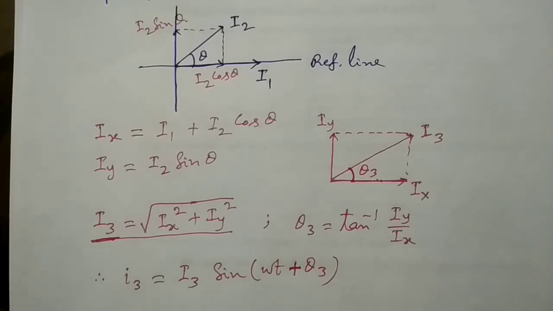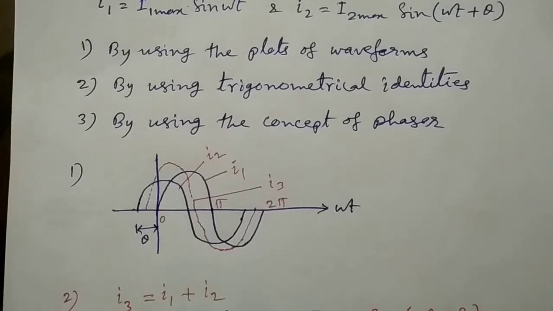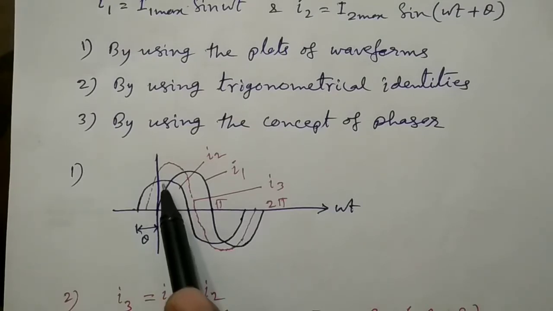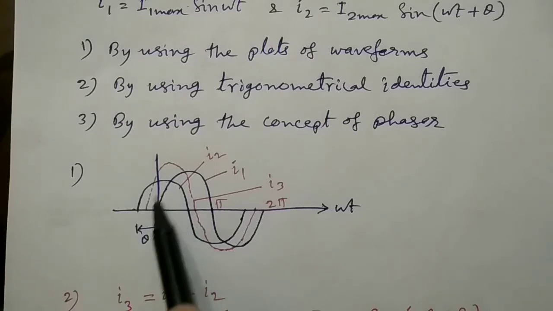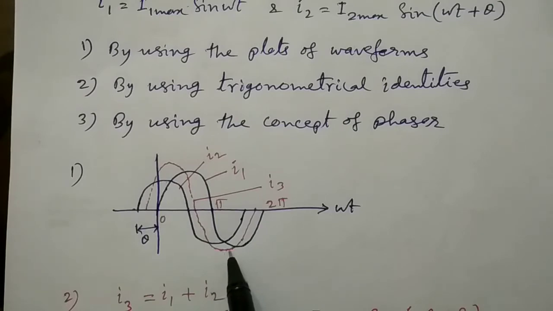So in the first step, we have to plot the waveforms, and then in the waveforms we have to join each and every point. We have to join two alternating quantities, then we will get the resultant quantity. So it is a very complicated method.